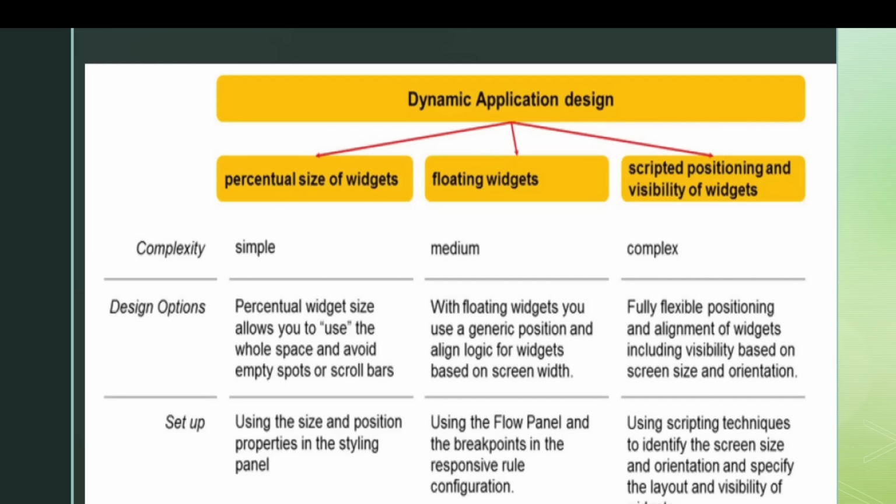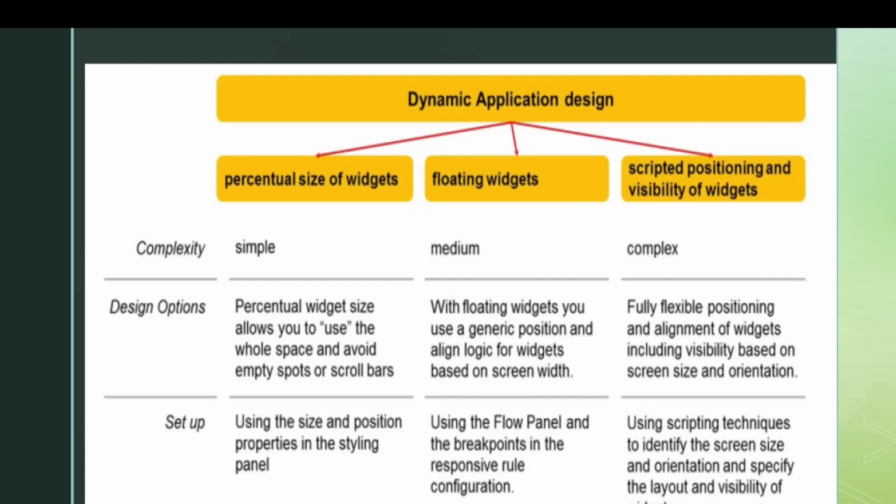We can change the positioning by using scripting, we can change the alignment of widgets by using scripting, and we can control the visibility based on parameters like screen size and orientation. So the more we play with scripting, the more complex an application we can build.